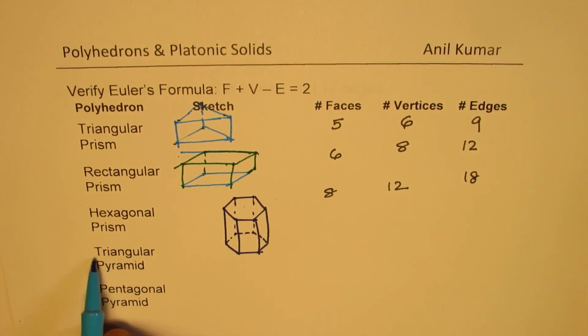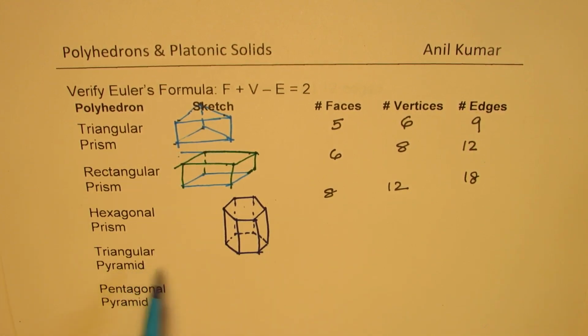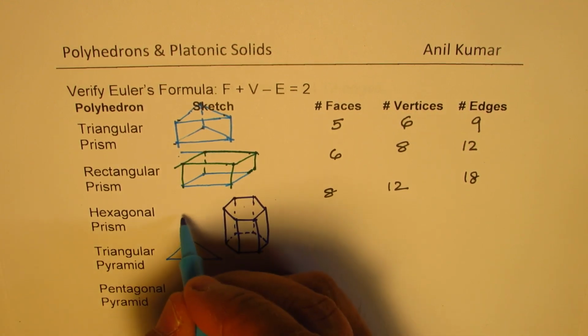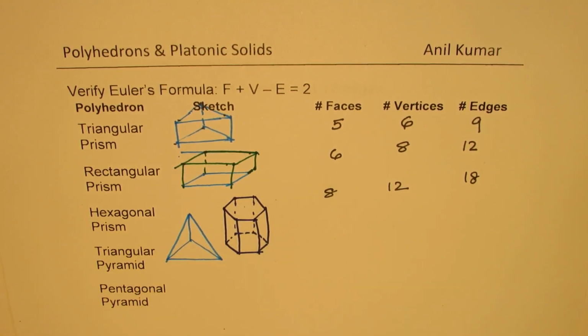Now we're talking about the triangular pyramid. So that was a prism. Let me again sketch a pyramid here. We have a triangle here, something like this, and pyramid means we'll just connect it with one point on the top. That's what you get.